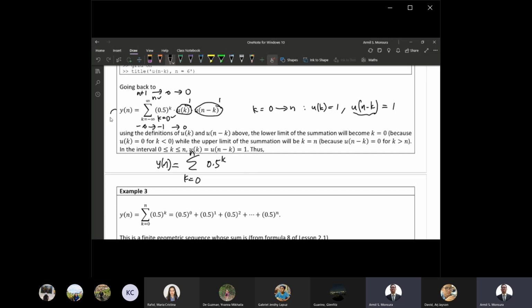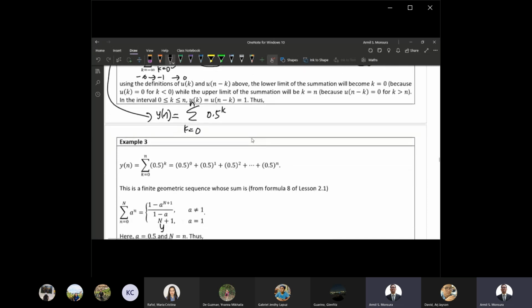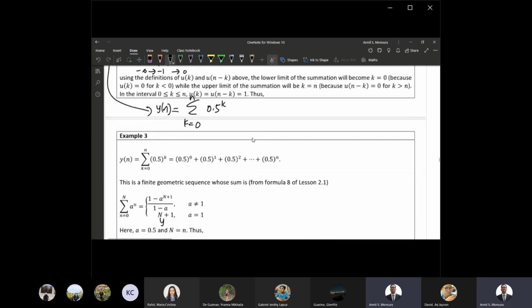Okay, so this now is to be written here, applying the definitions of your step signals. Continue with this. Okay, this is now a geometric series. Alam na natin na this one is a geometric series. In this case, this is a finite geometric series.